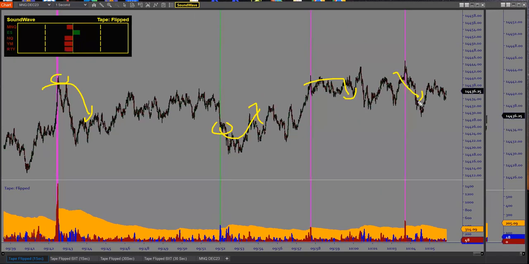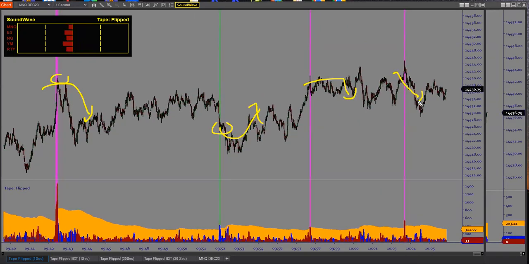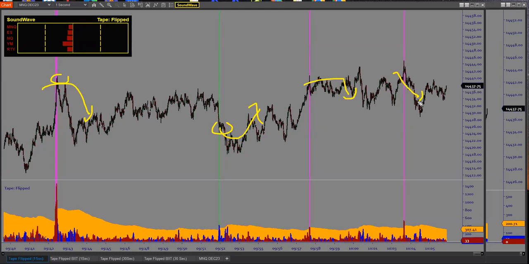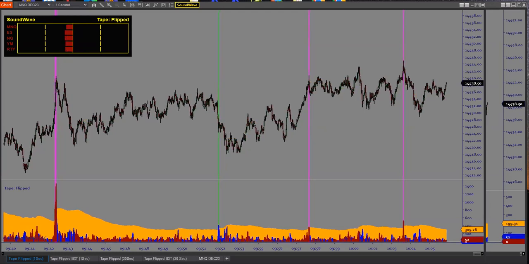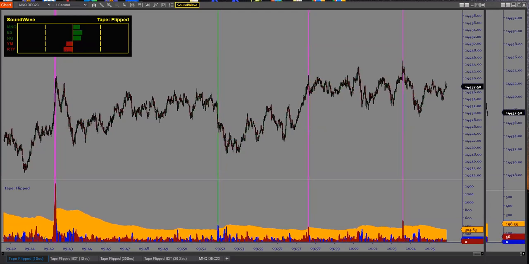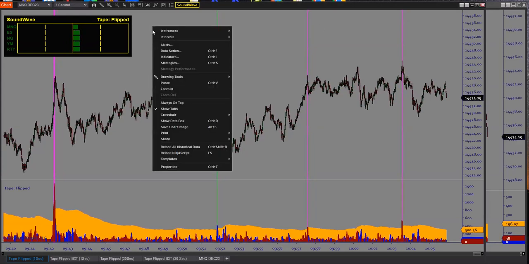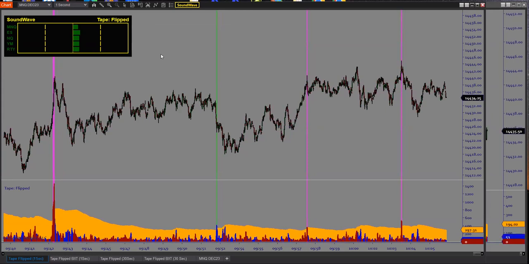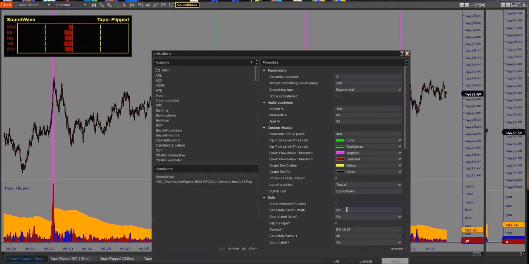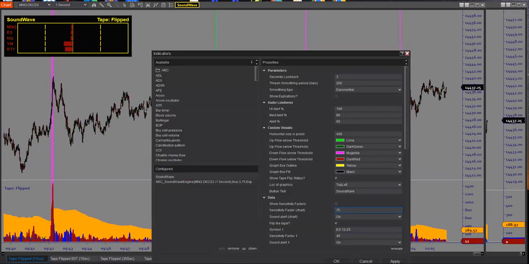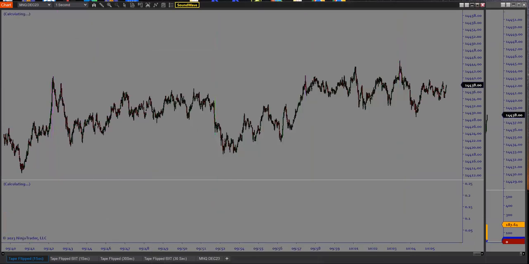The market transitioned. Not necessarily on the same bar, but every time that signal came in, we expect the market to do something. That's powerful information that should be very well received in terms of how you use it and how you want it to be reflective in your trading app.